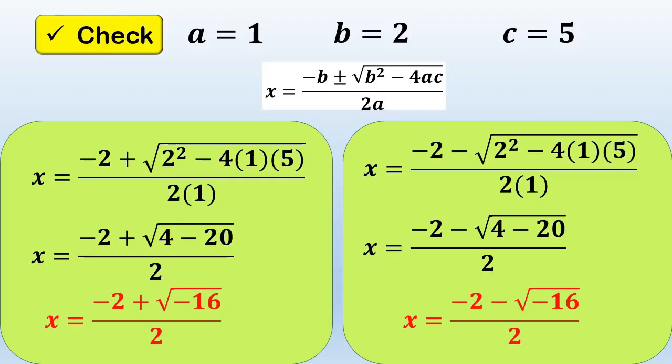So, as you can see, for the last example, the roots of the quadratic equation x squared plus 2x plus 5 equals 0 are not real numbers. So, ibig sabihin, walang real roots ang ating equation.